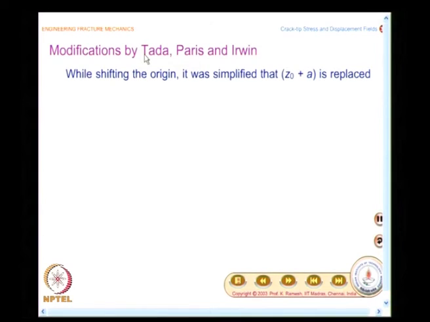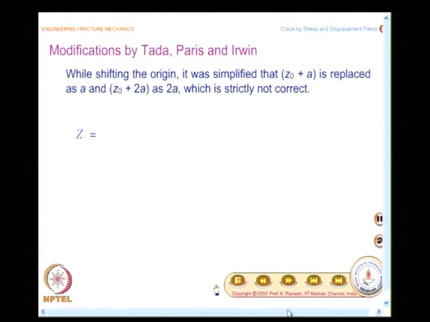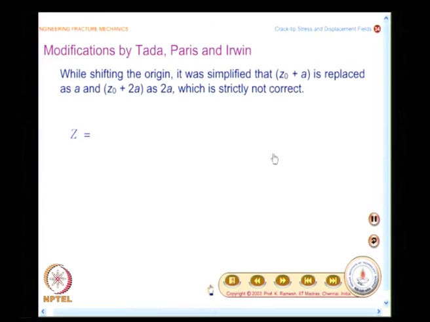If you look at the solution development, in origin shifting what we did, we simply said Z naught is much smaller compared to A. That could be relaxed, and this was done by Tada, Paris and Irwin. So, people tried all tricks that are available to them for them to correct. You have simply modified Z naught plus A as A and Z naught plus 2A as 2A and so on.